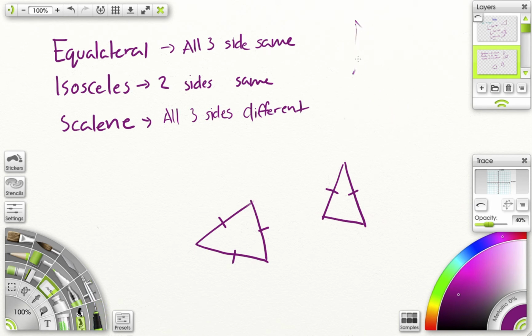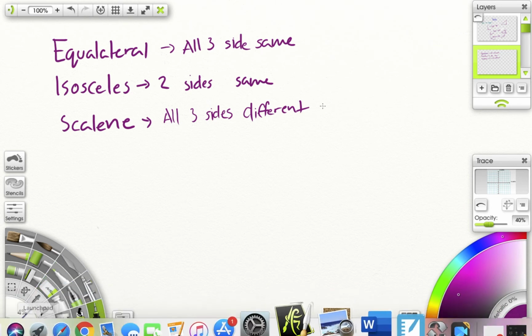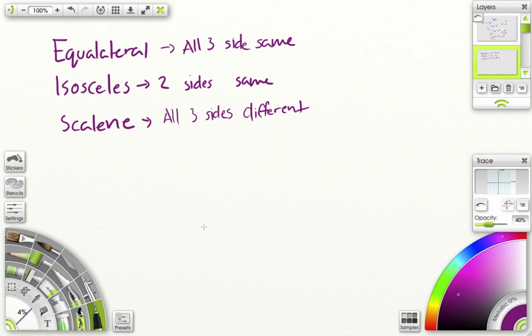What we are going to be doing today is labeling triangles something like acute equilateral or obtuse isosceles. So how we do that is, if I give us a triangle like this, first of all, I'm going to label the angle.